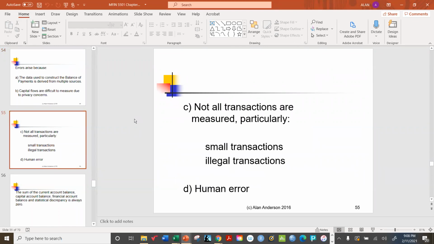And of course, here's a big issue. What is missing from this data are very small transactions and illegal transactions. No crooks are going to report their activity to the government. So we're going to miss them all. And of course, that means we're going to have problems. And of course, there's always a possibility of just straight ahead human error.